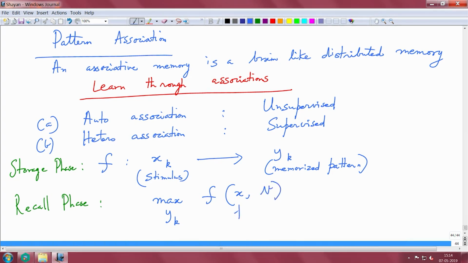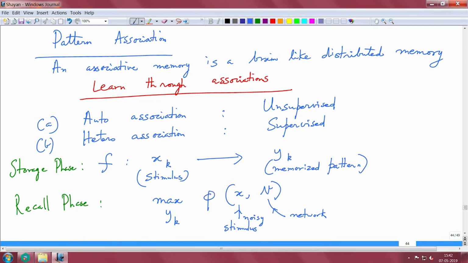This is the stimulus which is a noisy version of what I learnt, and then I have learnt it through a network, and this is my network, and now I present this and it has to obtain the memorized pattern, it has to get back what yk is, right. So, this is auto association.